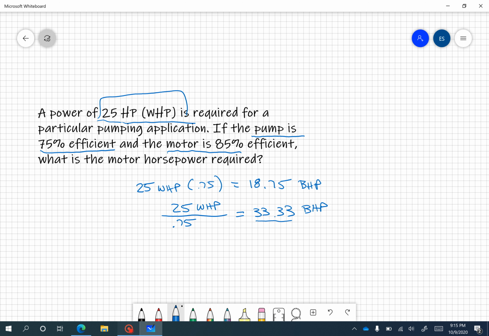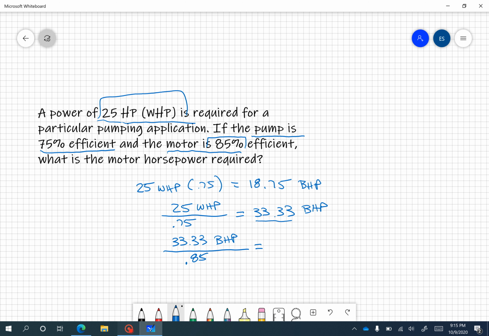So how much horsepower does the motor need to supply? Again, this motor is not 100% efficient. So let's take our brake horsepower and we're going to divide it by this 85% efficiency. And that's going to tell us ultimately how much motor horsepower we need to supply to the motor.